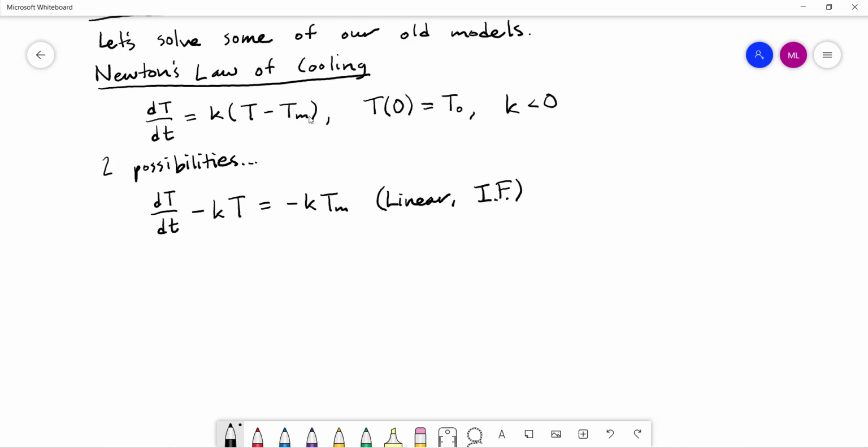Or we could separate it. And if I come back over here to separate it, the easiest way is basically just to multiply both sides by dt to move the lowercase t term onto the right, and then divide by the stuff in the parentheses to move the capital T over to the left.